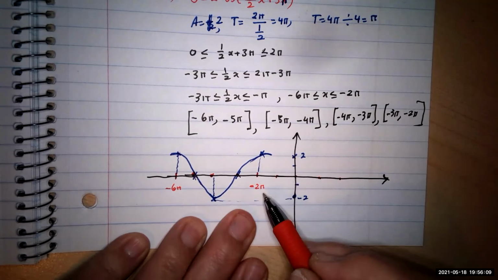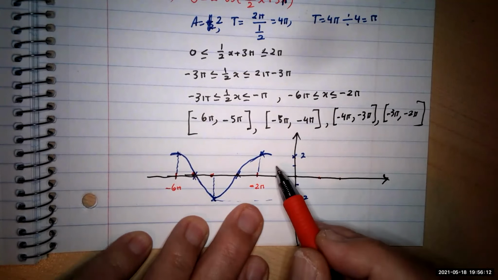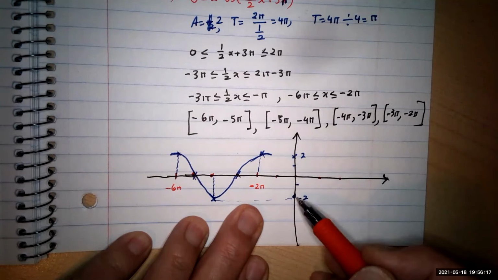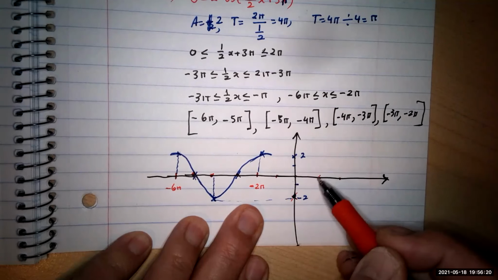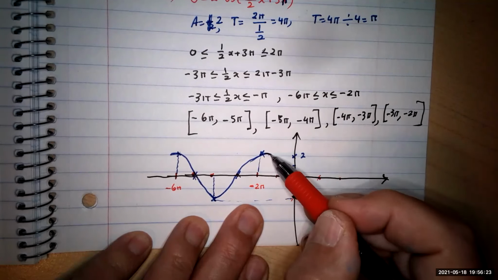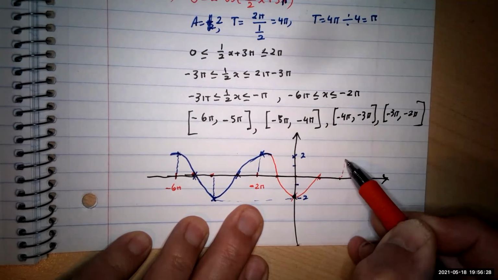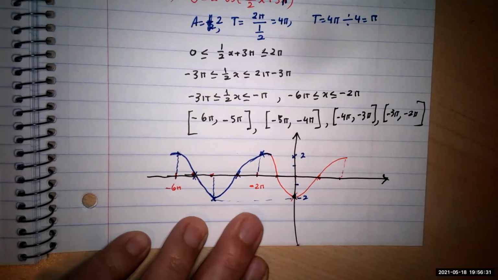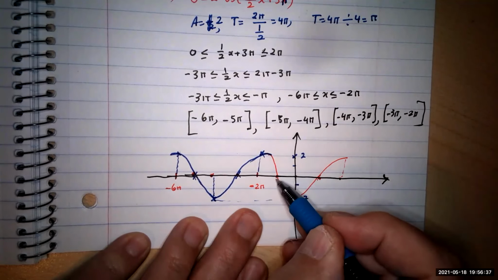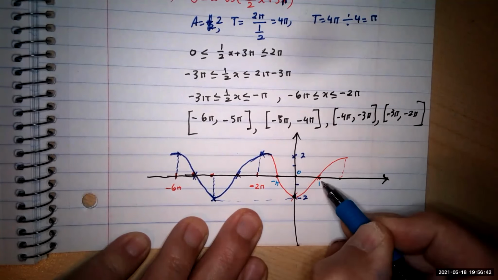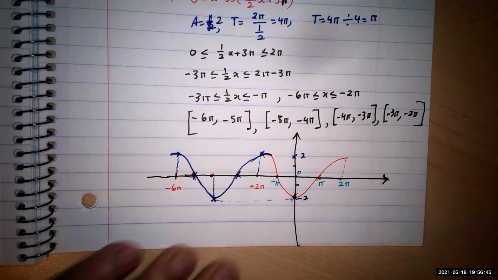You continue from here. If you just move on, this is again pi, then negative pi, then 0, then we get pi and 2 pi. That gives you the second period. Okay, any question?